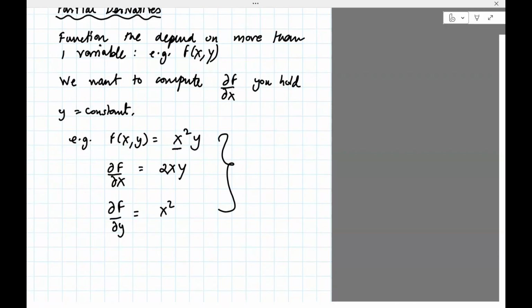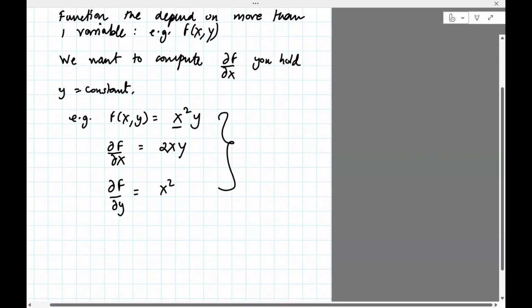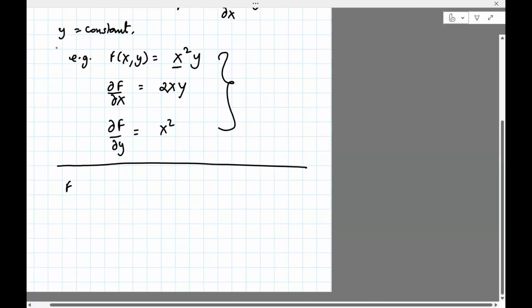Okay? So that's how you do it analytically, but here we're interested in doing it numerically. So what I'm going to do is assume that you're trying to compute the partial derivative at a point xi, yj.